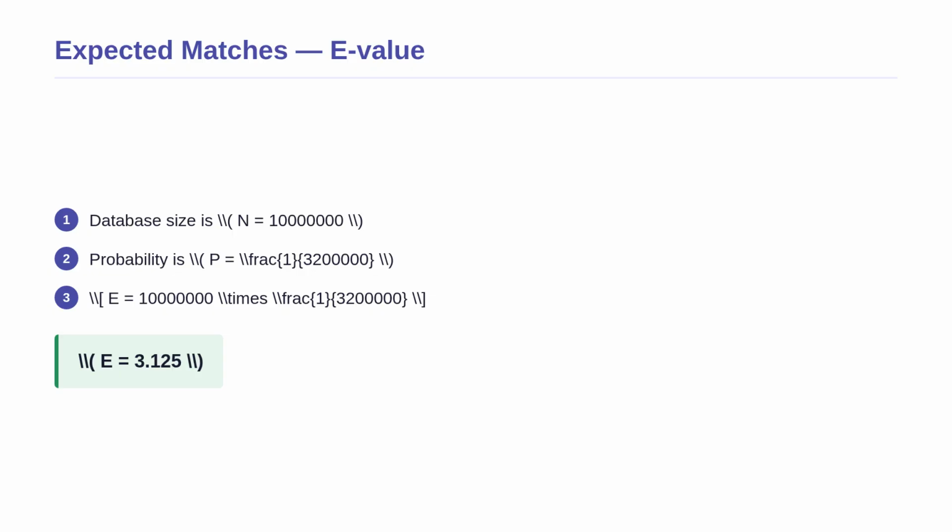Now that we have our probability, we can complete the second step of our calculation. We need to find the expected number of matches, E. We are given the database size N is 10 million, and we just calculated P is 1 over 3.2 million. We substitute these values into our expected value equation.